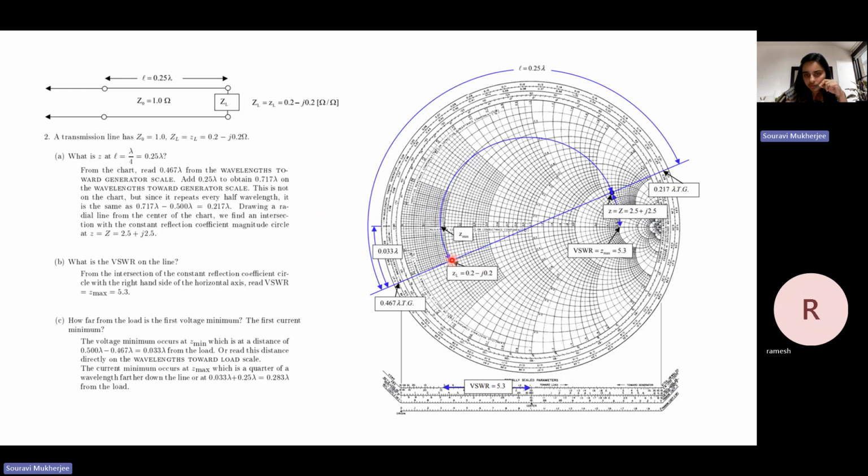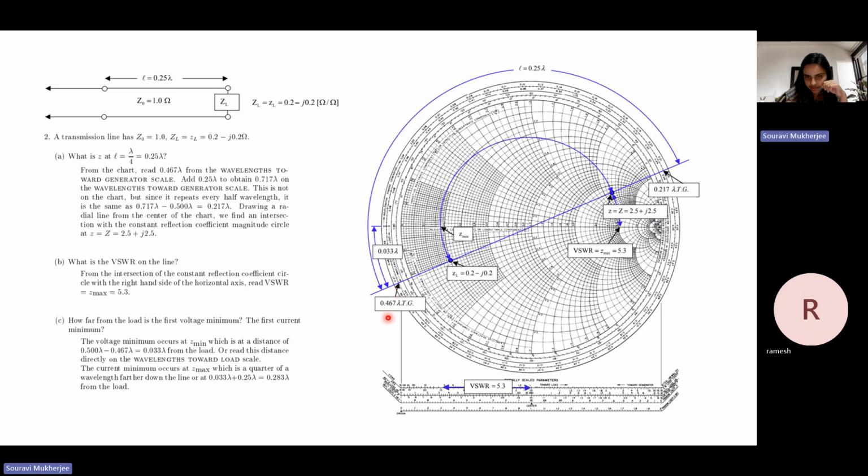Now you want to move by a distance of 0.25 lambda. First let us locate the position of the load on the wavelength towards generator scale. We'll draw a straight line from the center outwards and see where it will cut this scale, right?